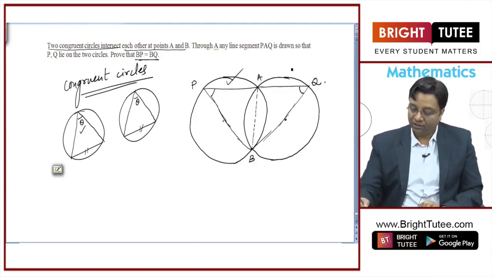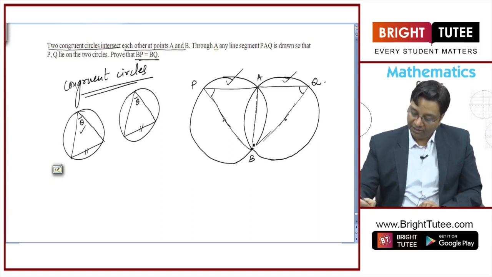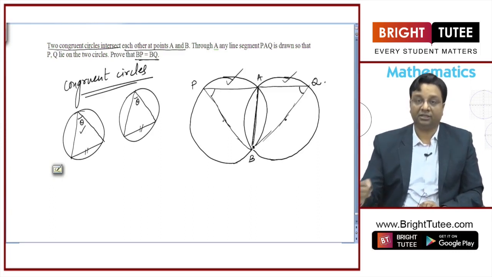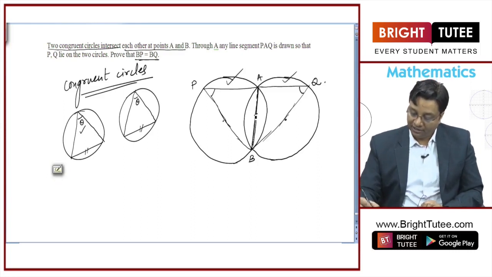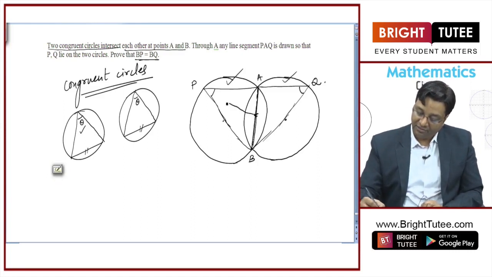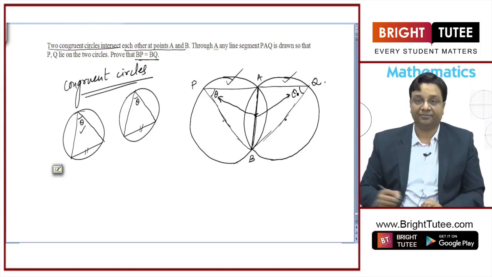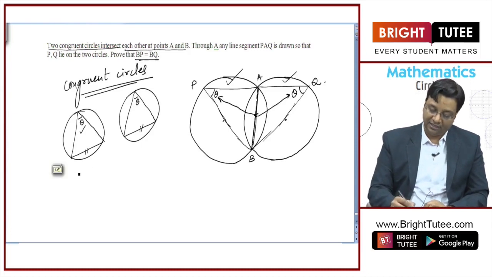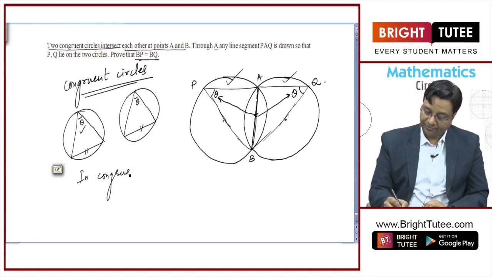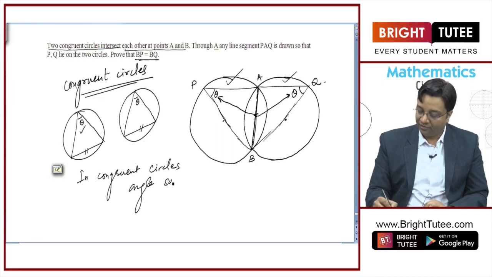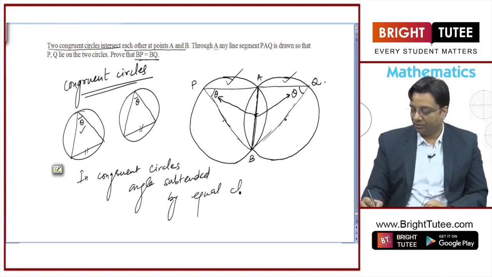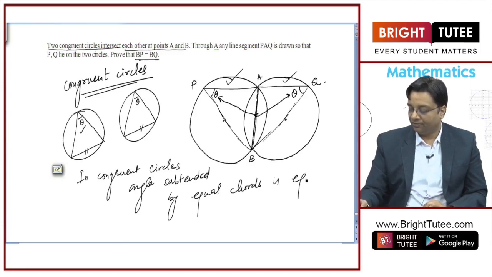Now look at these two congruent circles. This chord AB is common to both the circles. Hence this chord AB, if it subtends an angle theta here, it will subtend the same angle theta here. The reason is that in congruent circles, angle subtended by equal chords is equal.